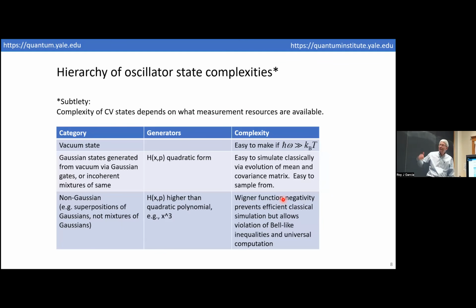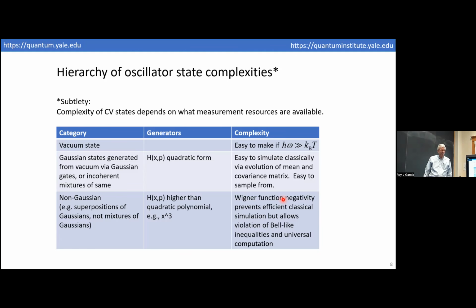So there's an analogous classification of oscillator states. There's the vacuum state, which you can make with a refrigerator. There are Gaussian states that are made by evolution with quadratic Hamiltonians. They're analogous to Clifford states in the sense that they're easy to simulate classically. You just track the mean and variance of the Gaussian wave packet.